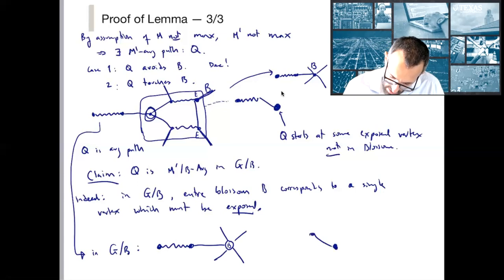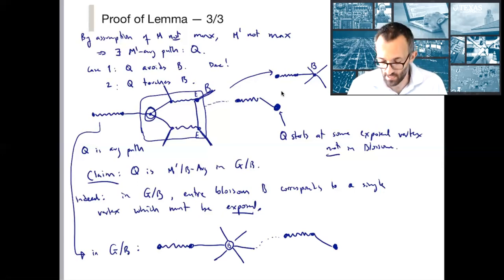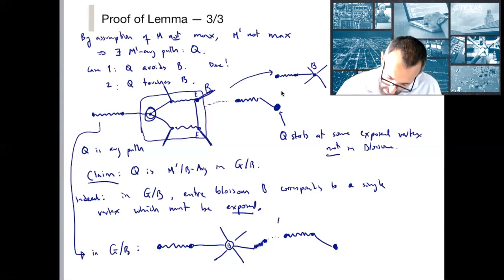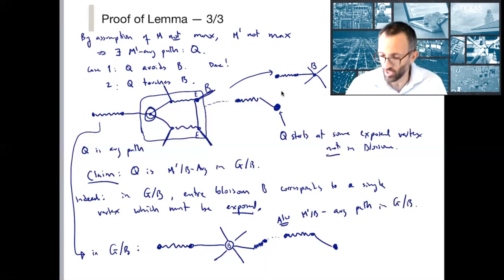It starts as unmatched, then it goes matched, and then again I don't know what it does, but at some point it must have been taking one of these unmatched edges, because that's all that is touching B. And therefore that means that this is also an augmenting path. So this is also an m-b augmenting path in G mod B.